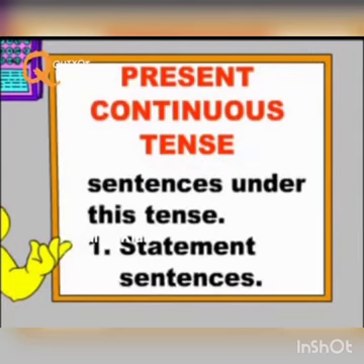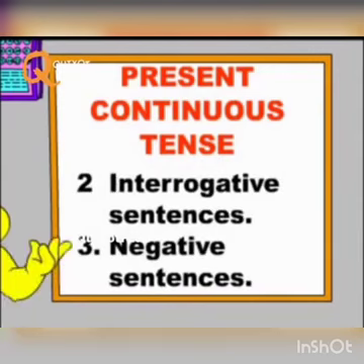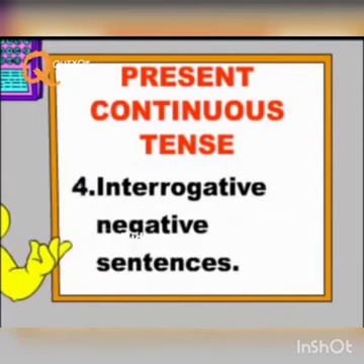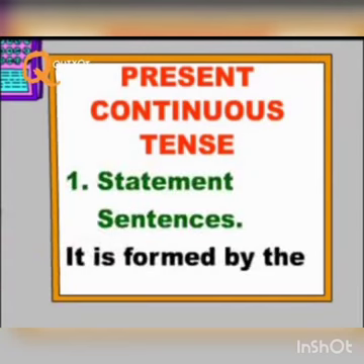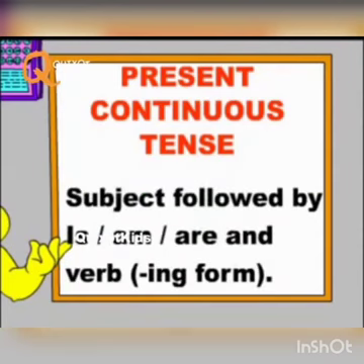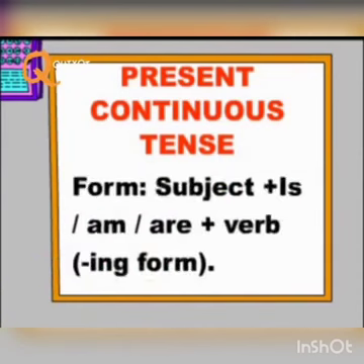1. Statement sentences. 2. Interrogative sentences. 3. Negative sentences. 4. Interrogative negative sentences. 1. Statement sentences. It is formed by the subject followed by is, am, are and the verb ing form. Form: subject plus is, am, are plus verb ing form.